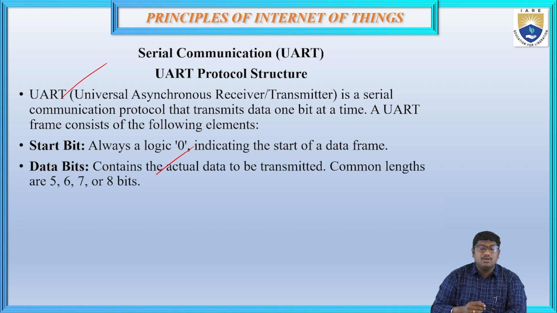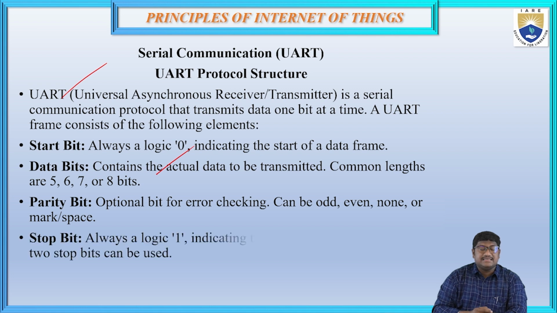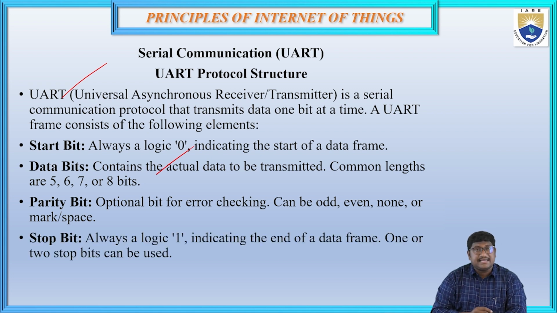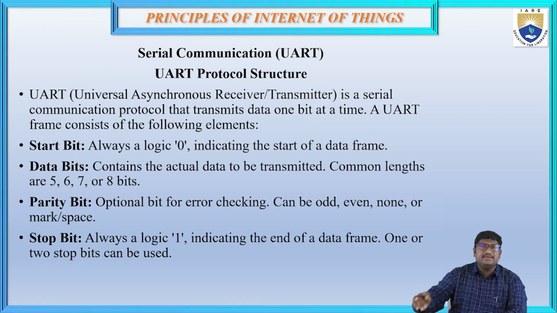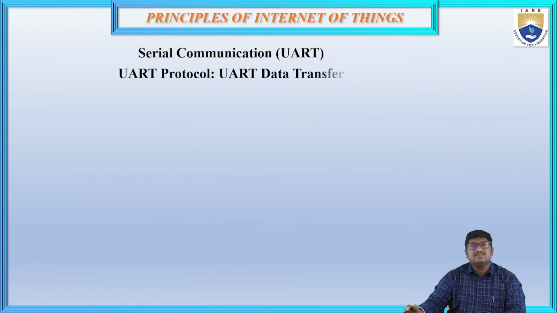The start bit is always logic 0, the data bits are 5, 6, 7, or 8, the parity bit is optional for error checking, and the stop bit is logic 1. The parity bit can be odd, even, none, mark, or space. This was the protocol structure.